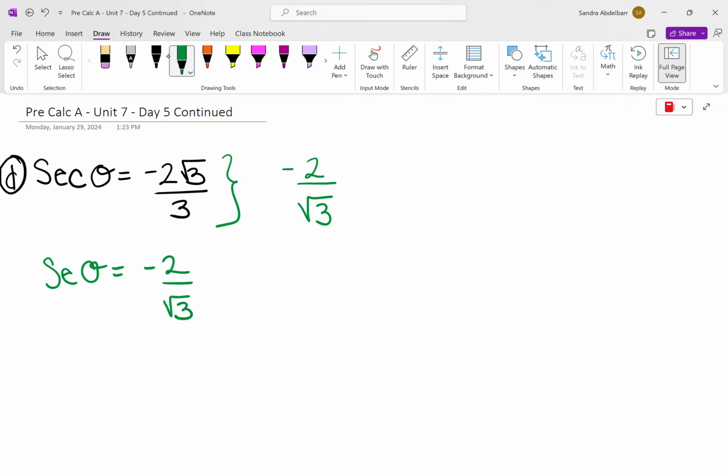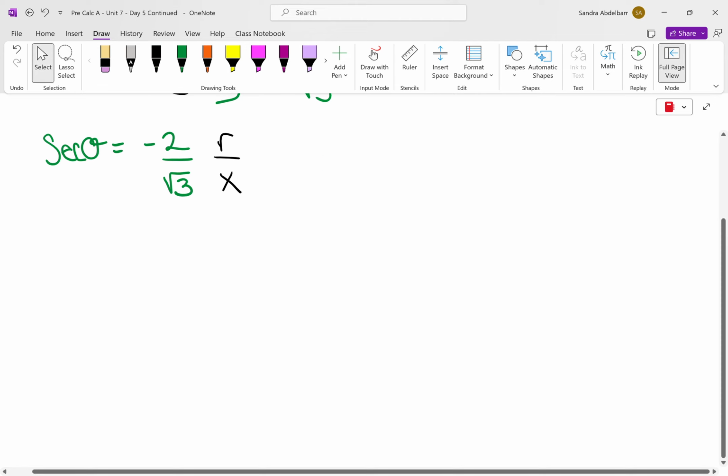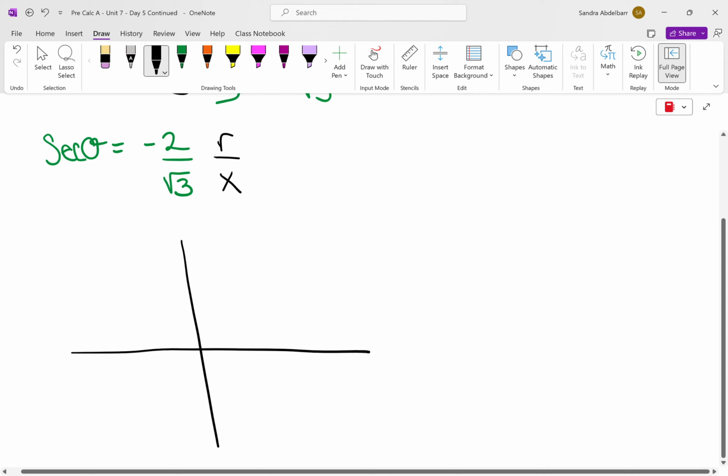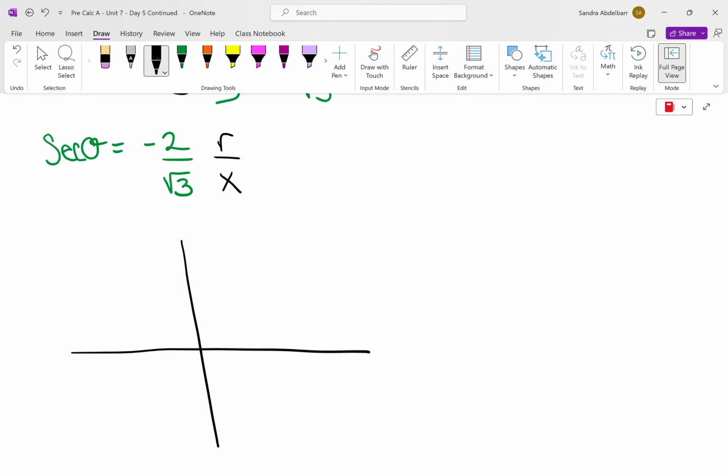And now we have to remember that secant is the reciprocal of which one? Cosine. So instead of x over r, it's going to be r over x. So now we're going to set up our quadrants, and we know all students take calculus.